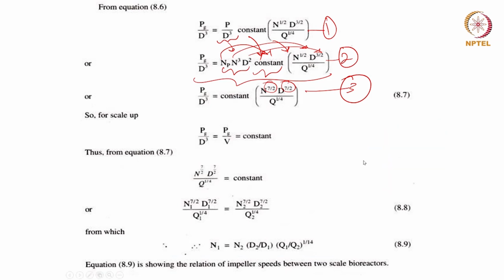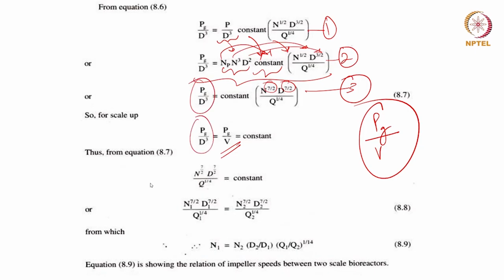inside the bracket. Now, if for a gas system power per unit volume is the scale up criteria, then your gas power requirement per unit volume, which was the LHS here, is constant. Which would effectively mean that the entities in the bracket are nothing but constant at the two scales.